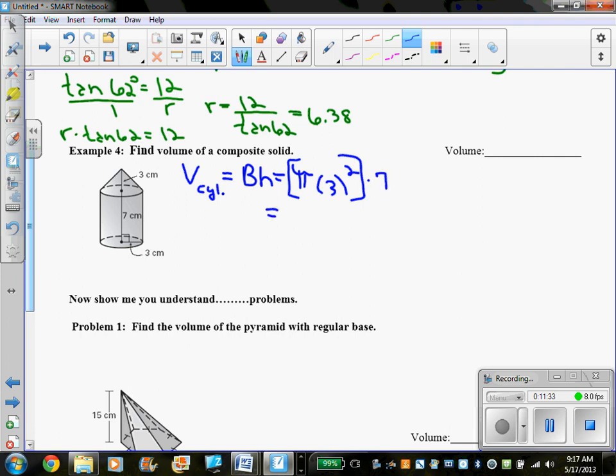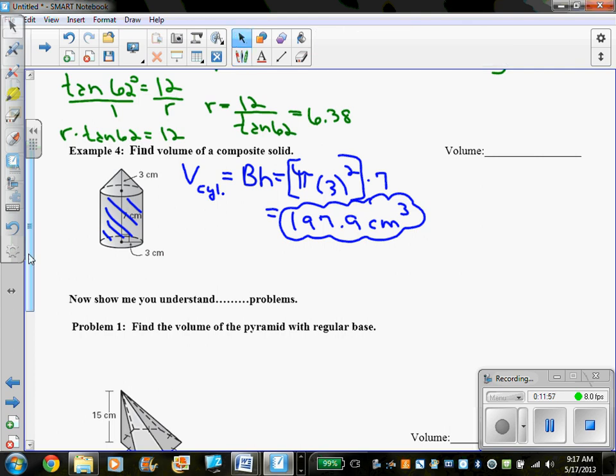And that will give me the volume of my cylinder, which, be careful when you're doing this, 3 squared is 9 times pi times 7. That's going to give you 197.9 centimeters cubed. Okay, so that's an important number right there because we're going to add that to the other volume. So we just found how many cubes fill up that cylinder, which is 197.9 cubic centimeters.